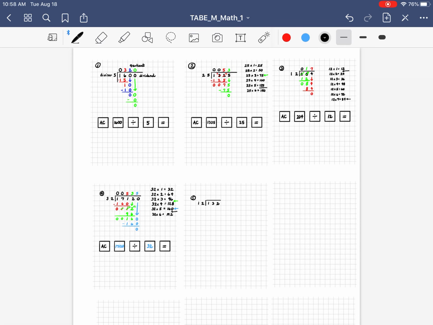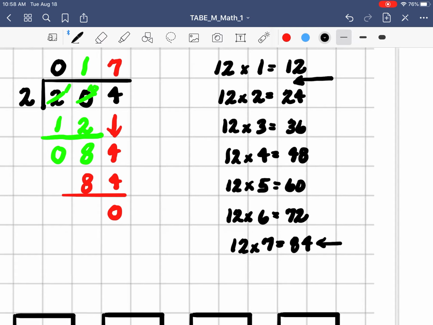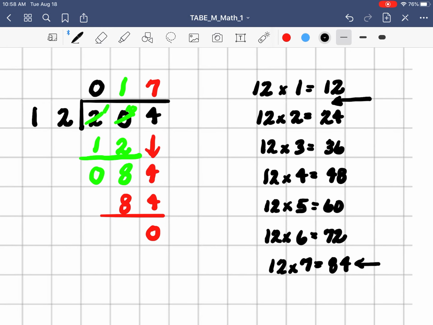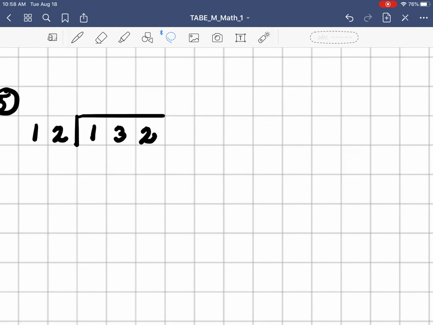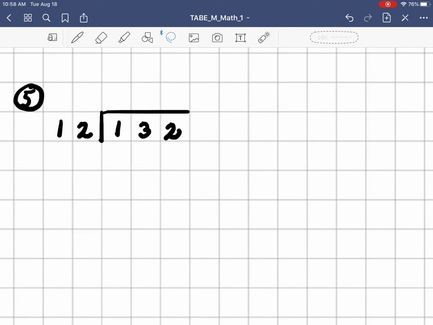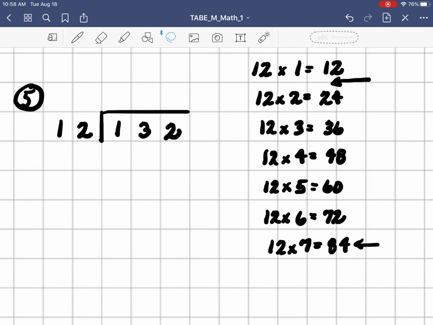Now, we already listed our 12s somewhere right up here. So rather than list all that again, I'm just going to look back on my scrap paper at where I've already done this. This is a good test-taking strategy. If you've already done it once, don't do it again. Just look back on your scrap paper where you've done it, and you'll have what you need.